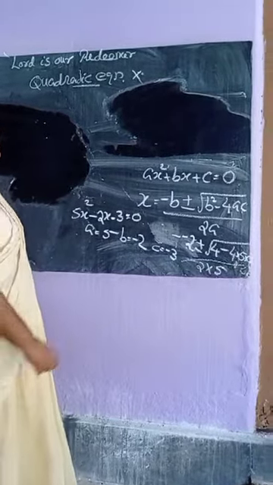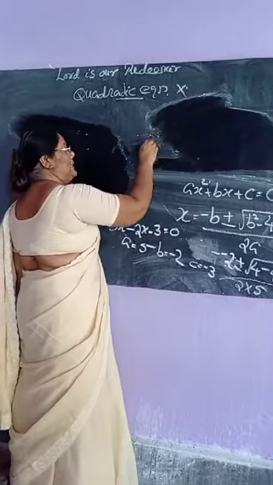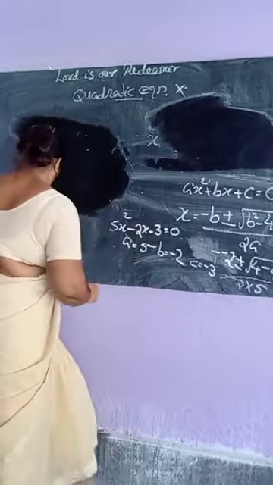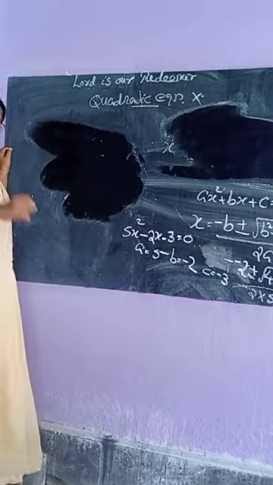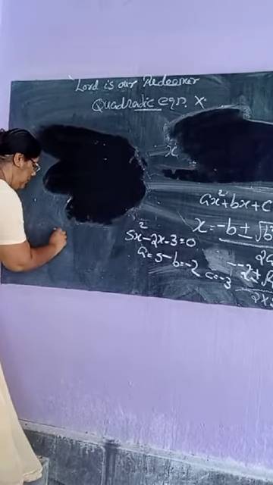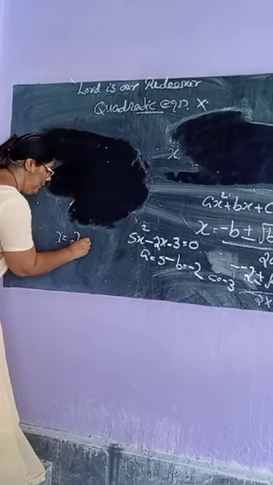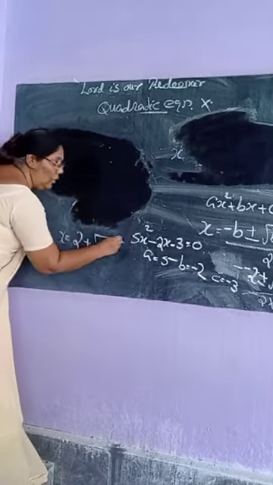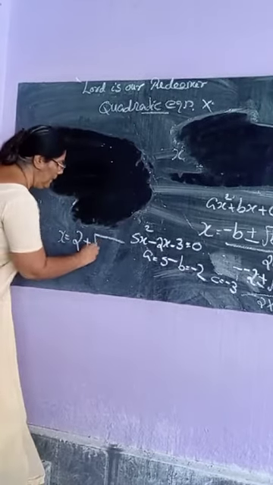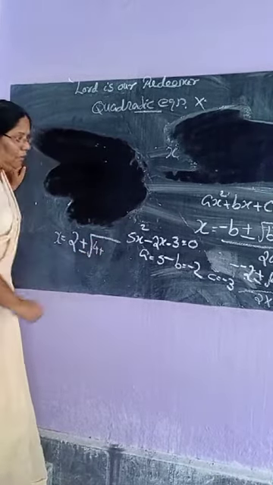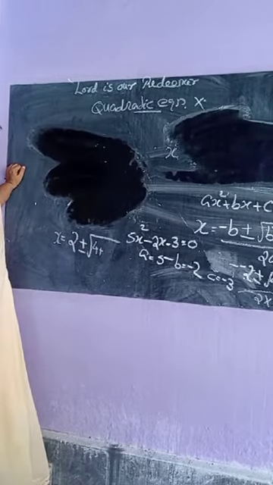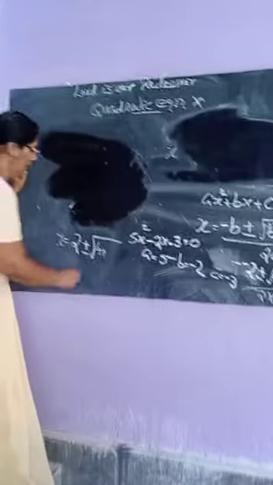Okay. Now look here. x equal to. Now look at this side. x is equal to 2 plus or minus root of b square means 4 plus 5 4s are 20, 20 into 3. What is 20 into 3?